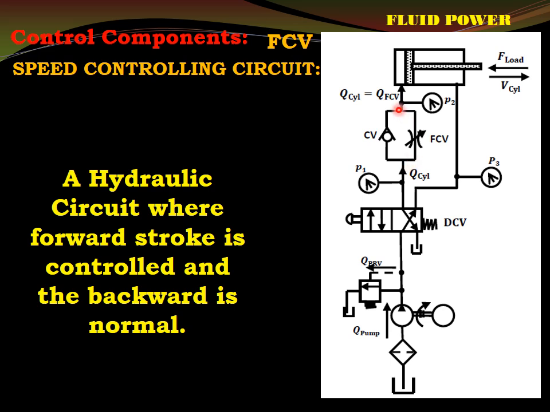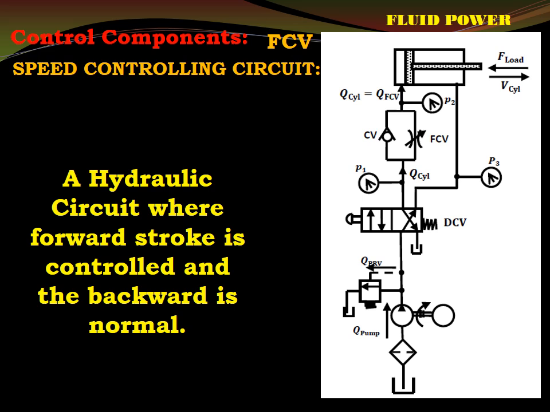The check valve is fitted in such a manner that it is in no flow direction, so flow is bound to take place through the FCV. It will enter the blank side, and by adjusting the knob here, we can control the A0 area of the orifice, and thus the speed of actuation, the extension speed, we can control.